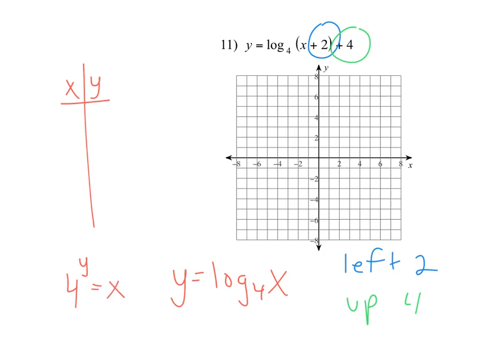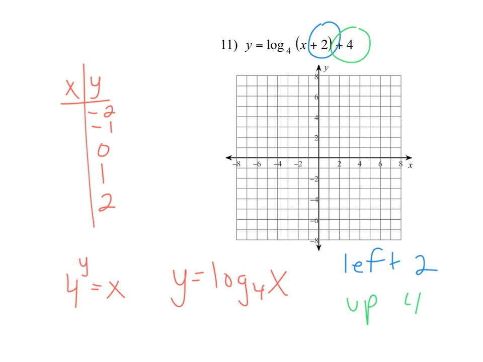And when I substitute in for a log, because it's the inverse of an exponential function, I can work backwards. I can treat this as an exponential function, but y's come first and x's come second. So I'm going to plug into my y column -2, -1, 0, 1, and 2.